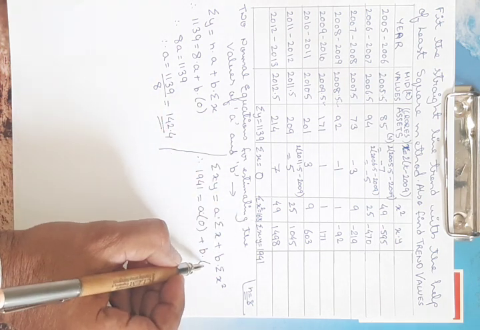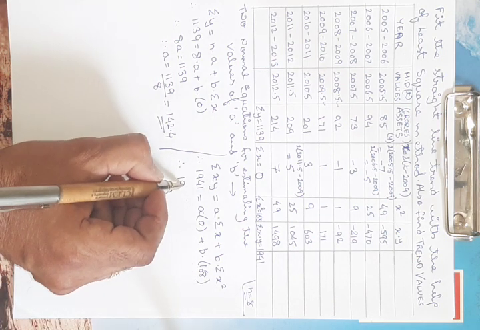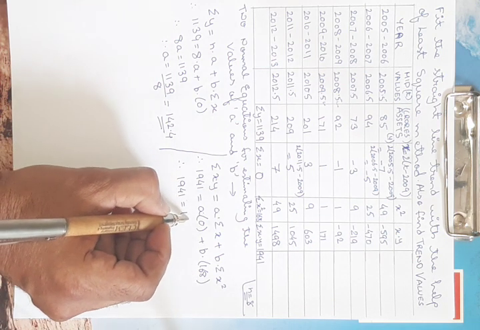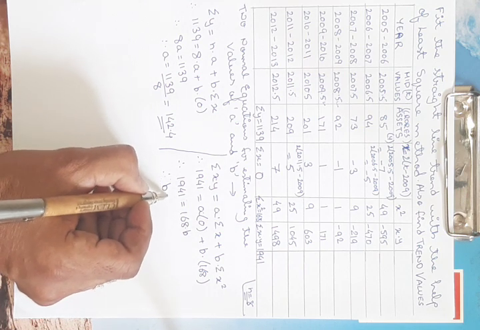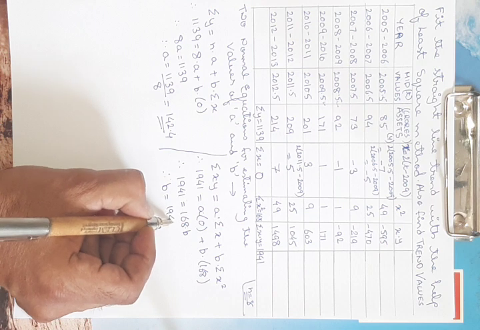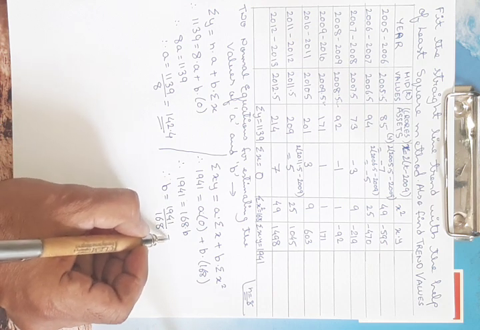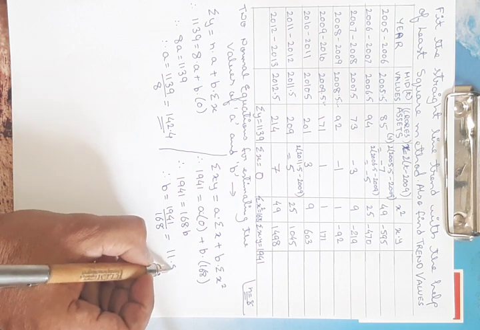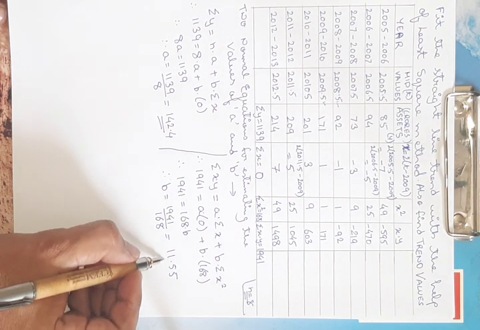So what is x square? That is 168. Therefore 1941 is equal to 168b. Therefore the value of b is equal to 1941 divided by 168. The answer comes out to be 11.55. So we got the values of a as well as b.